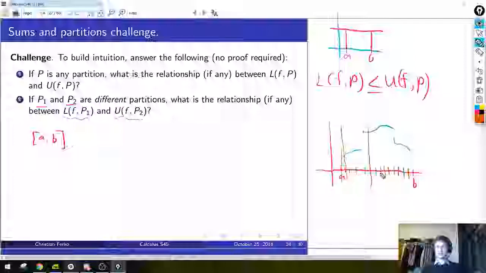So they're like different tick marks, different ways of chopping up this interval, but they both have to begin and end at the same place, A and B. So maybe you're thinking of a really jumpy function that might have these not obey the inequality anymore? Or did you have something else in mind, maybe?